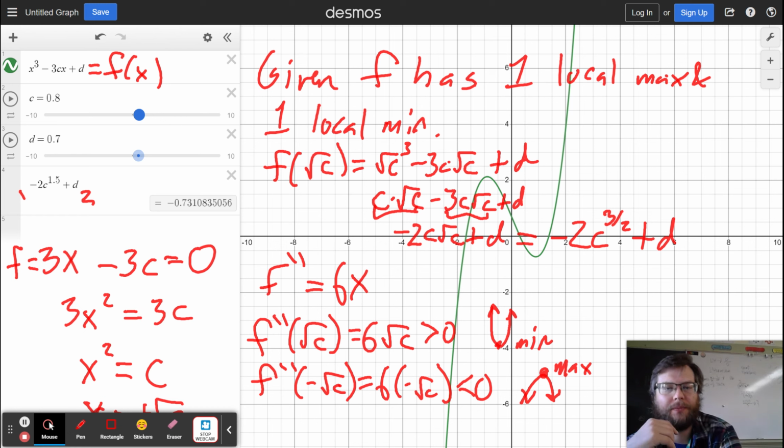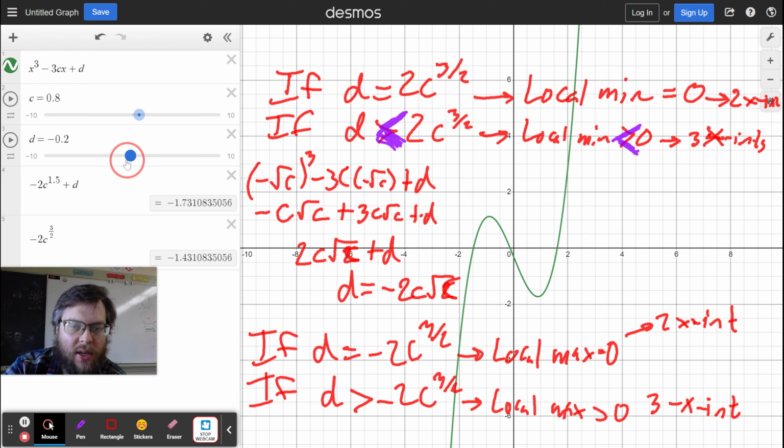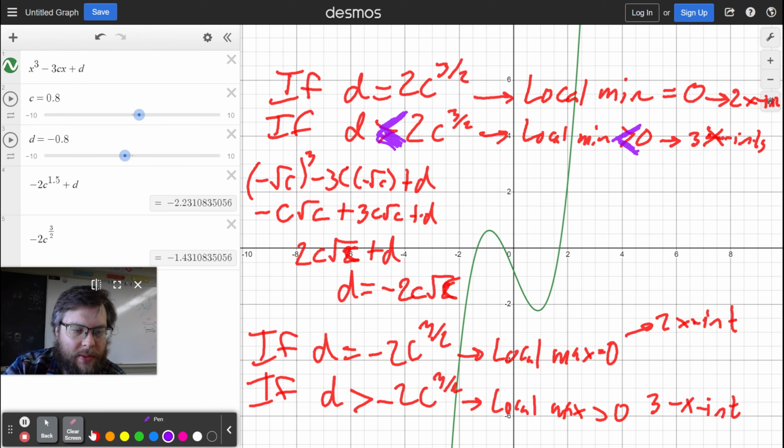If d gets bigger than 2c to the 3 halves, then you will have 1 x-intercept. And if d gets smaller than negative 2c to the 3 halves, you will also have 1 x-intercept. So those are the only ways that you will get 1 x-intercept. So let me summarize that, and I'll try to write it in correctly this time. So let's use purple for the correct thing here.